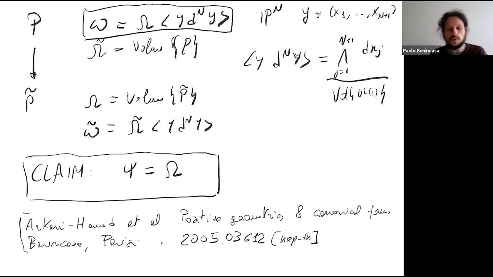This volume of GL1 takes into account the fact that, while in principle this looks like a vector in R n plus 1, really, as I said before, we are in projective space. So the vectors which differ by rescaling are all equivalent to each other, and this takes into account the fact that you have one degree of freedom less, given by this equivalence class.